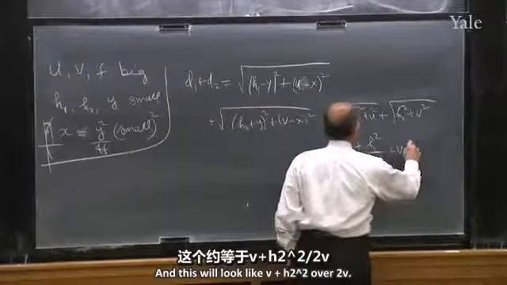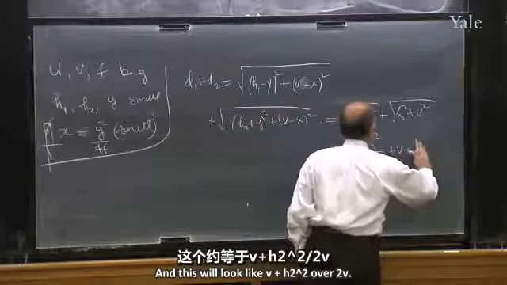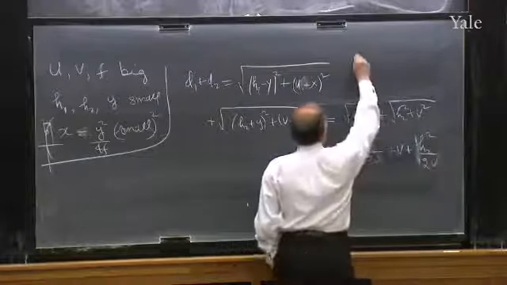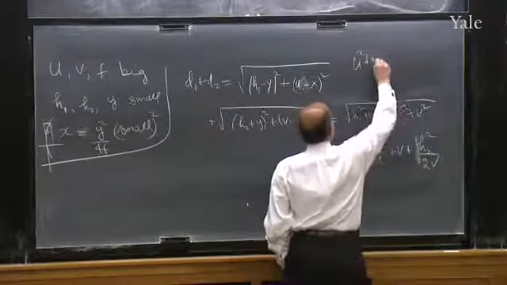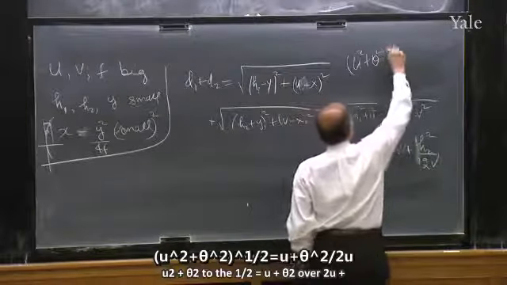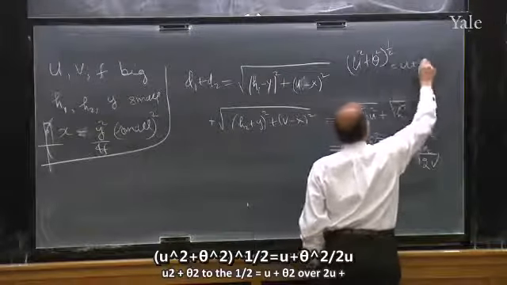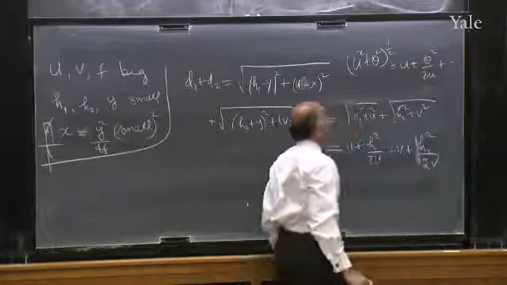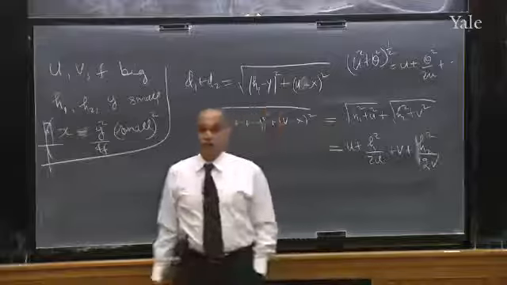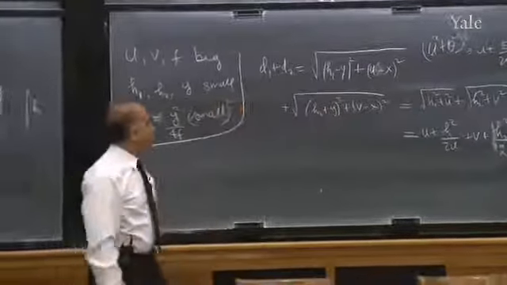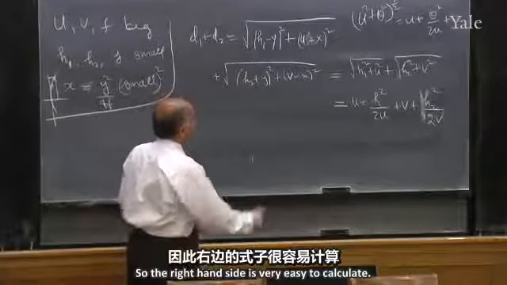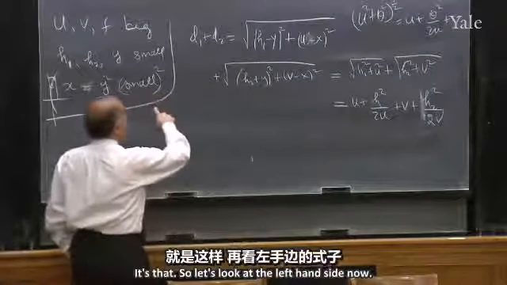And this will look like v plus h2 squared over 2v. So the formula I'm using is u squared plus theta squared to the 1/2 is equal to u plus theta squared over 2u plus terms involving theta to the 4th and so on, which I'm not keeping. So the right-hand side is very easy to calculate. It's that.